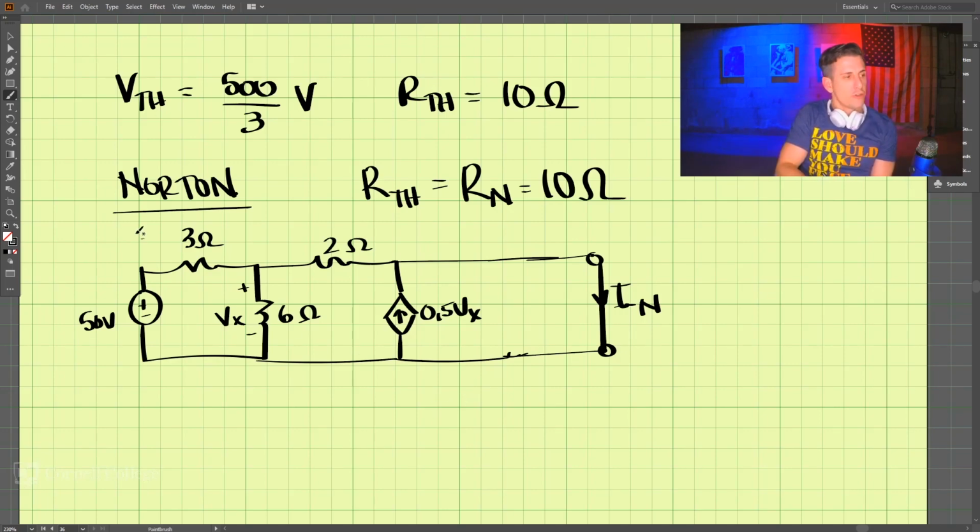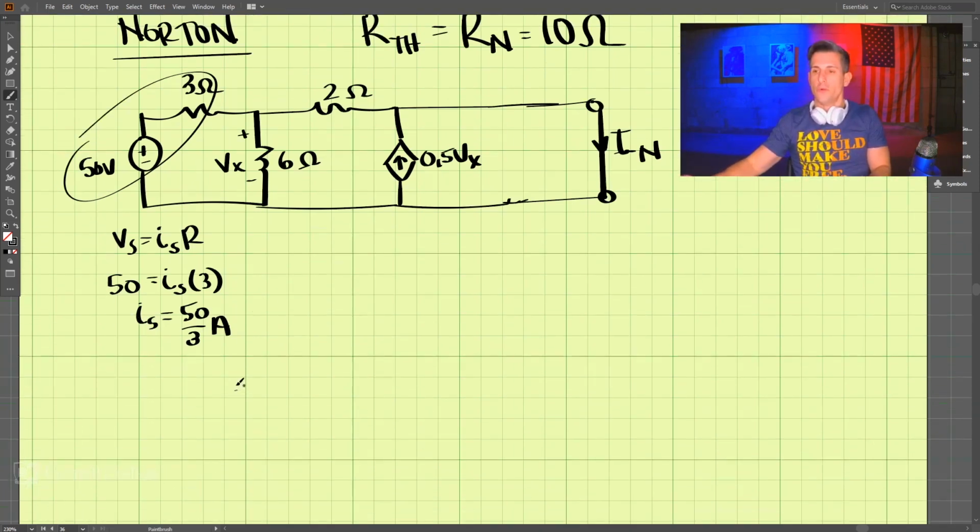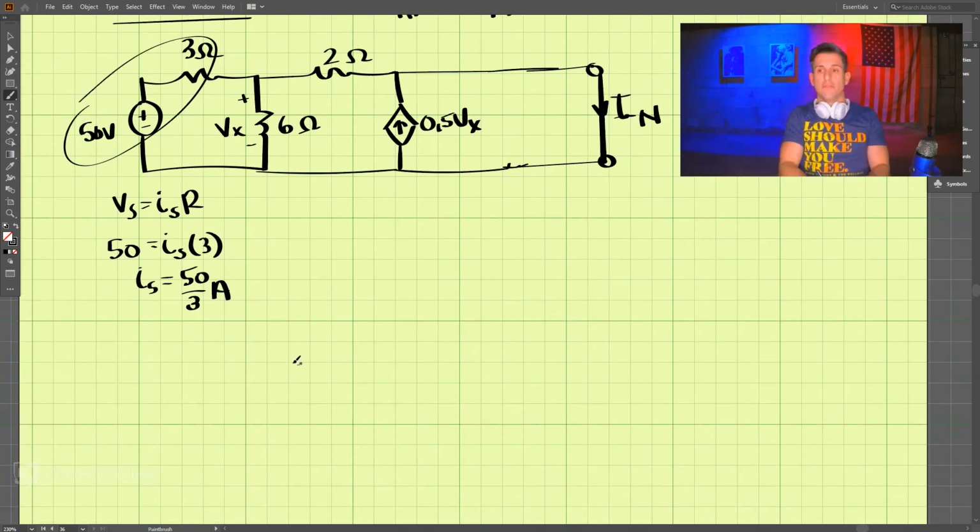Okay. So let's do a source transformation first here. And remember, we have Vs equals Is times R. That's 50 volts equals Is times our resistance, which is 3, which makes our source equal to 50 divided by 3 amps. So moving down here, let's redraw this circuit.